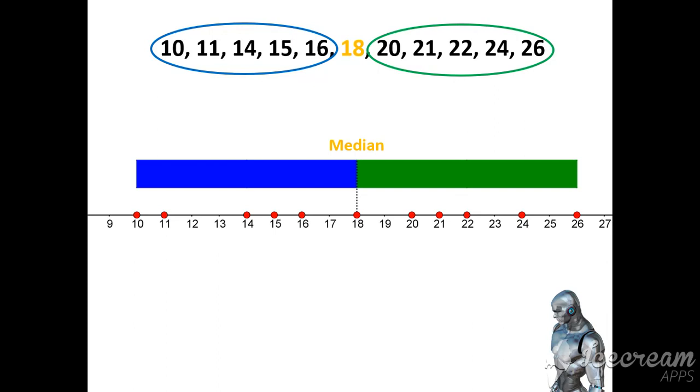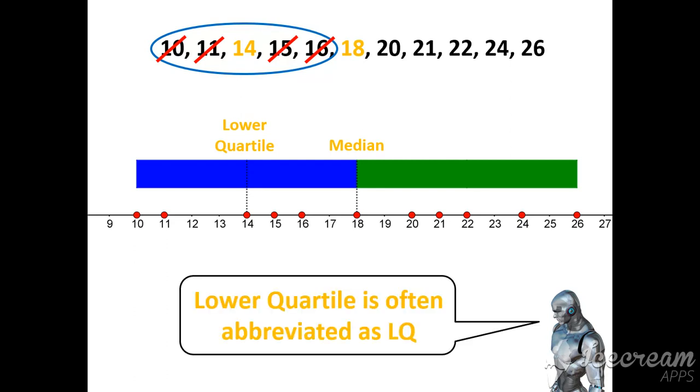Now let's just focus on the group below the median, on the left-hand side, and let's find the middle number of that group. One off bottom, one off top, and there's the middle number, 14. This has a name called the lower quartile, often abbreviated as LQ.